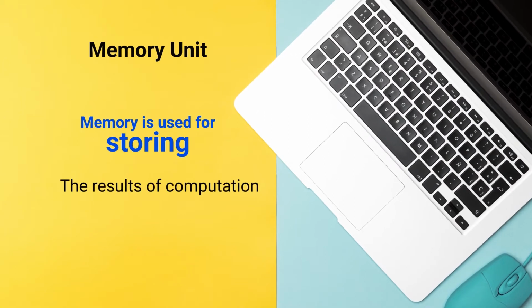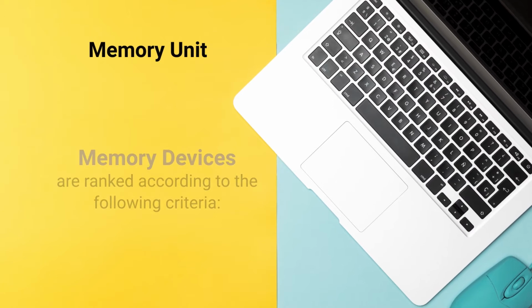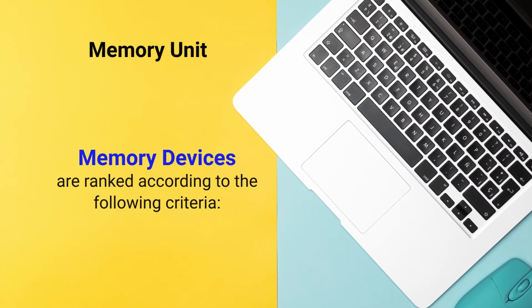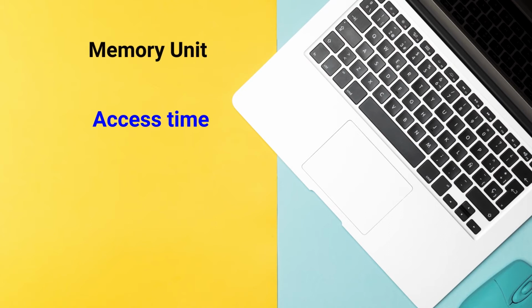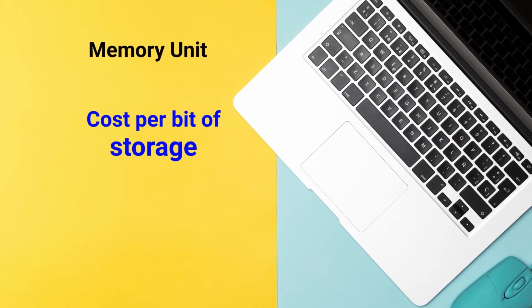Once the CPU performs an operation, the intermediate and final results are also stored in the memory unit. There are various memory devices used for this purpose, and these devices are ranked according to different criteria. These criteria may be the access time, the storage capacity, or the cost per bit of storage.